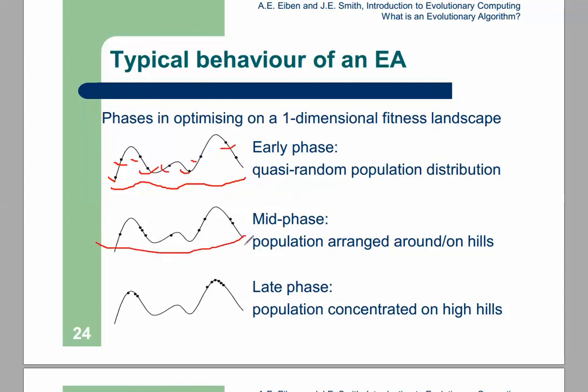In the middle of the algorithm, they tend to be better, and at the end of the algorithm, all of the population have a high fitness value, but the best one is here.